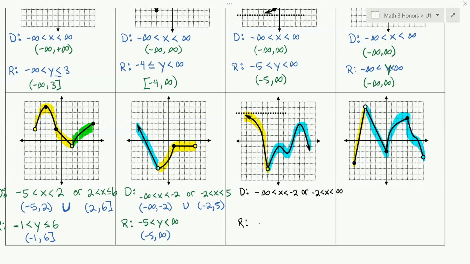Not because of this, but because of this arrow, right? So we have to keep in mind, even though it's not drawn that way, this keeps dropping down to -infinity, and don't be fooled by the picture. That's not the lowest point. Okay, so -infinity, less than y, less than, what's the highest point? 5. It's not going to go above this, and it's not even going to reach it. So don't use the equal sign.